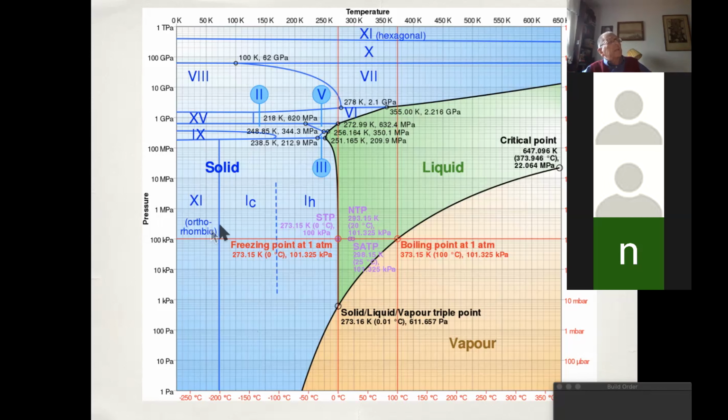Ice is a remarkable substance for other reasons, and it will appear shortly on our screens when we will be talking about the third law of thermodynamics, probably in two weeks.